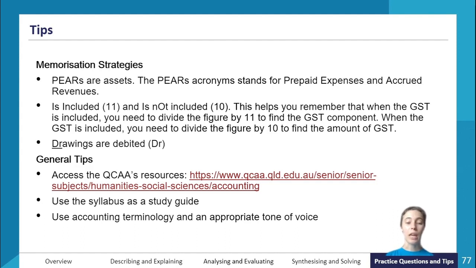Make sure you use accounting terminology and an appropriate tone of voice. Something that students often do in accounting is they're a little bit too emotional in their language. So try not to make everything doom and gloom in the way that you write in accounting.